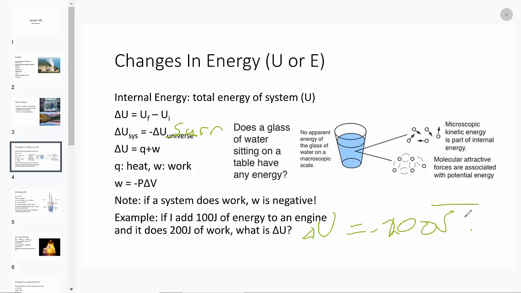And one final thing. When we do this PV calculation, pressure is going to be in pascals and volume is in meter cubed because we want to have SI units. But often we don't use these in chemistry because they're inconvenient. We use atmospheres and liters.